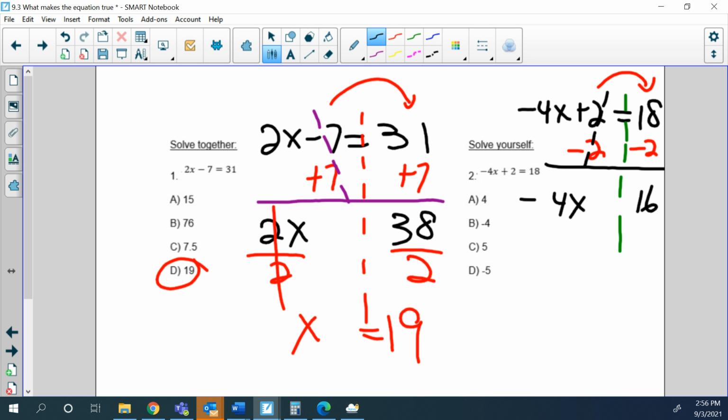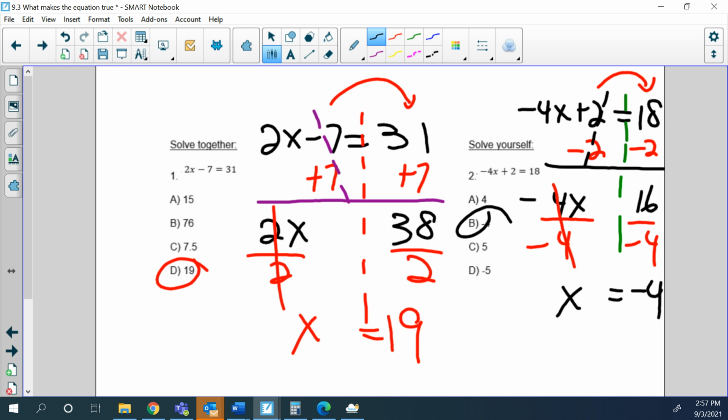Now I'm going to divide, because this is a multiplication now, negative 4 times x. I'm going to divide by negative 4 and negative 4 there. That cancels out and just leaves me with x. On the right side, 16 divided by negative 4 is just negative 4. So my answer is negative 4.